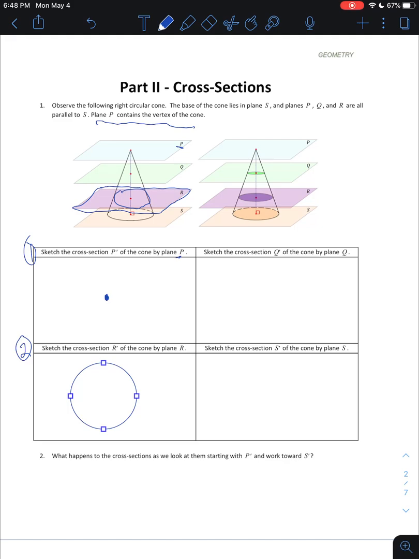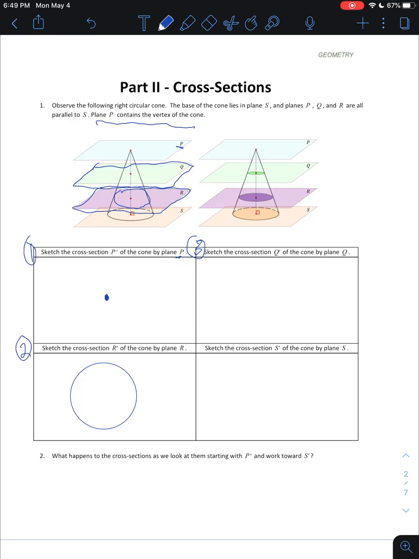Now, if we look up here, this is 3. It says sketch the cross section Q prime of the cone by plane Q. So again, this is our plane Q. So maybe I went a little out of order here. And here it actually draws it on this one for us. You see how it is like a circle over here.